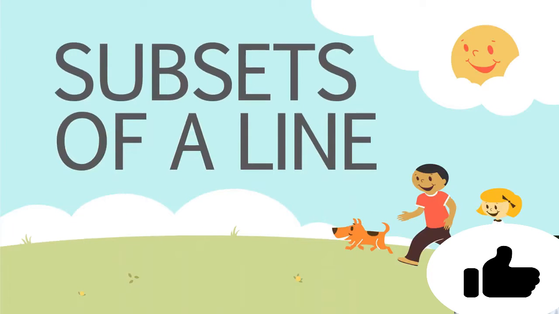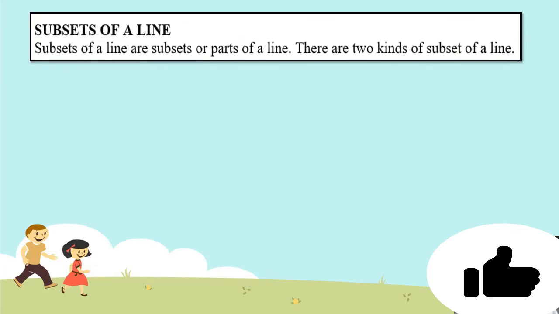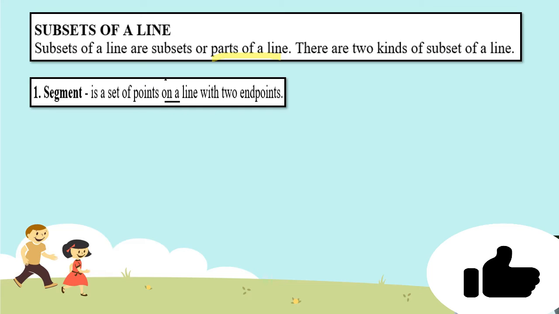Let's go on to the subsets of a line. Subsets of a line are parts of a line. There are two kinds of subsets of a line. First one, that will be the segment.